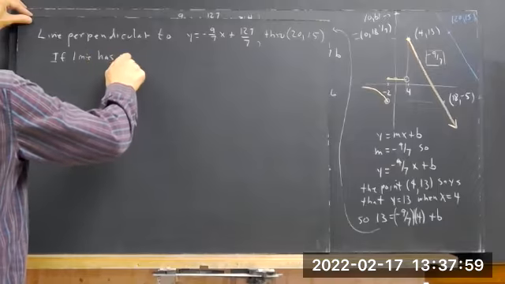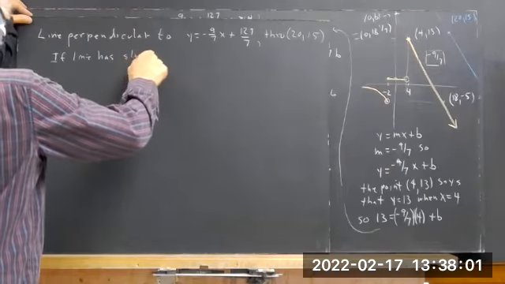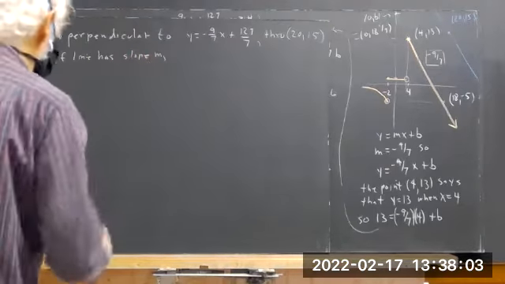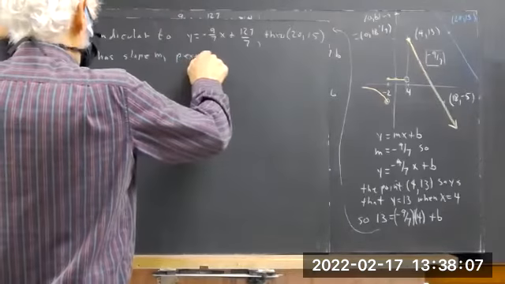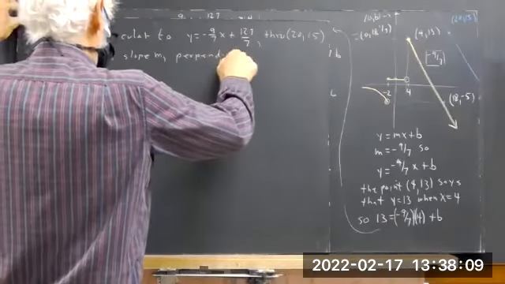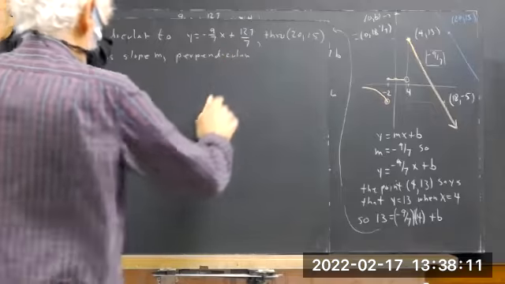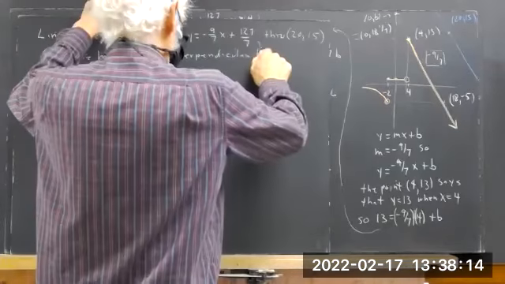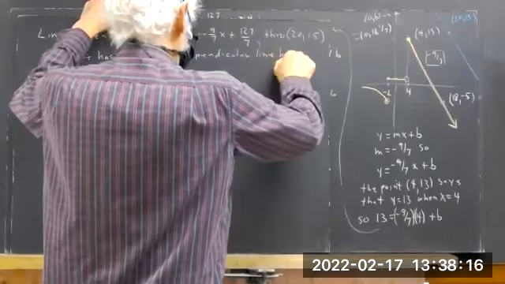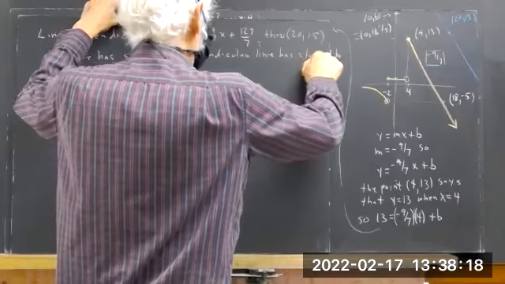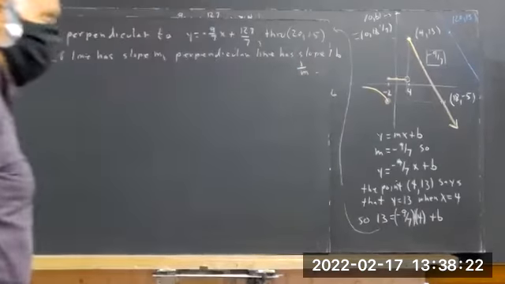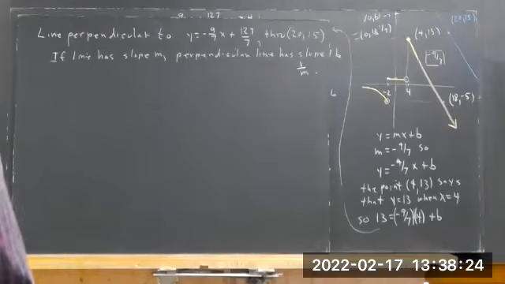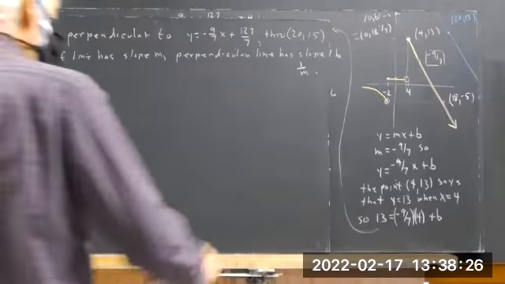Here's the basic principle. The line has slope m. The perpendicular line has the negative reciprocal slope.